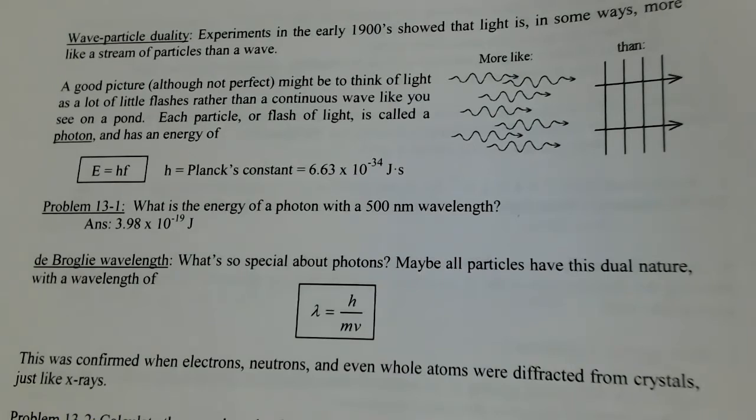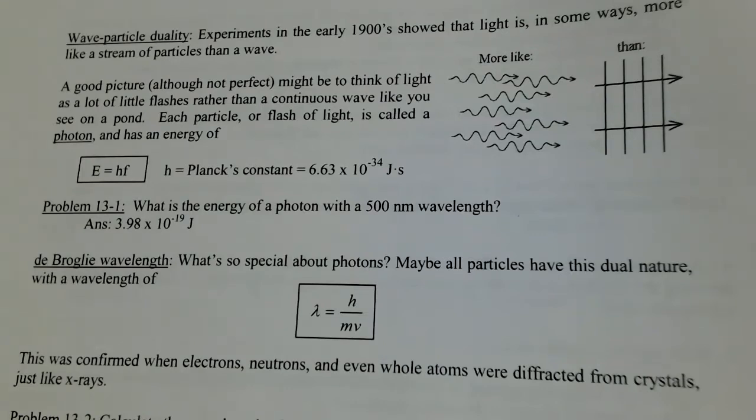What I always say is nature by definition is perfectly natural. So if you see something in an experiment that seems bizarre, it must have been your expectations that were bizarre. Because like I said, nature, perfectly natural. Anyway, you have this dual nature for basically everything.